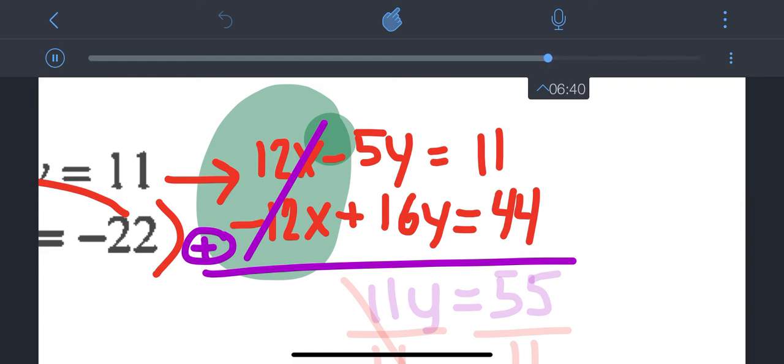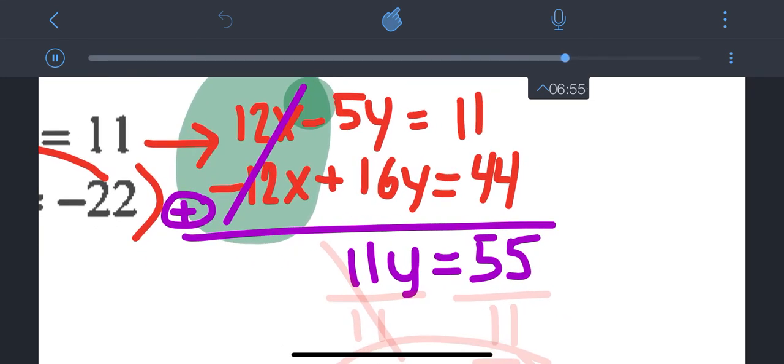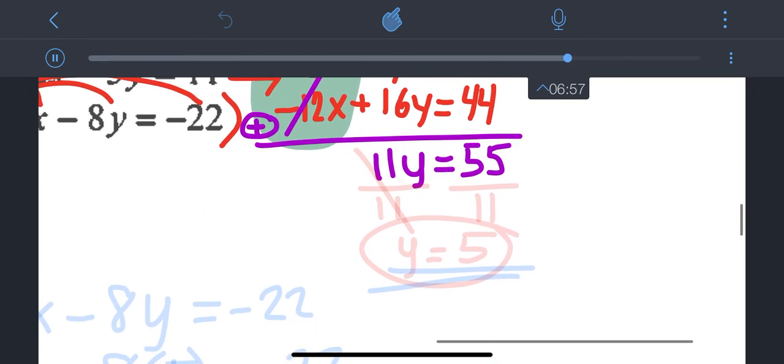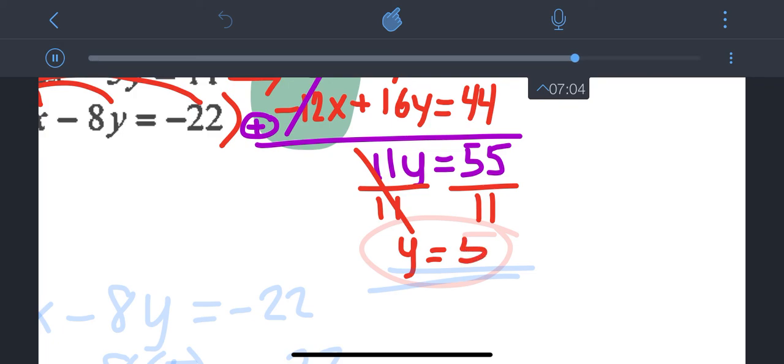So we have -5y plus 16y. That's going to get us 11y. And then we have 11 plus 44. That's 55. Okay, we're going to divide both sides by 11. y equals 55 divided by 11 is 5.